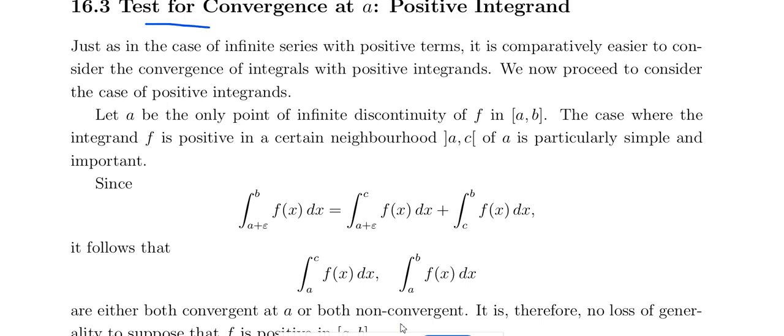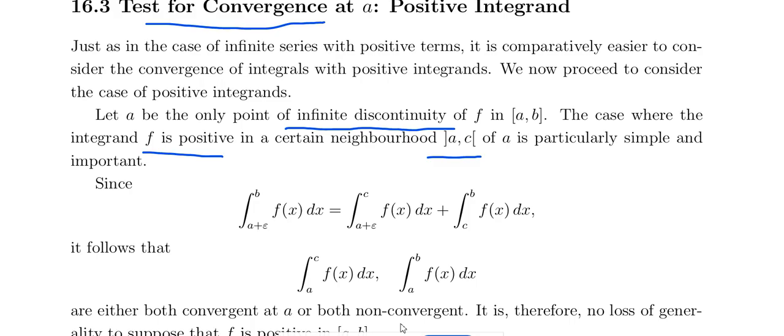Test for the convergence at c. That is a positive integral. Let c be the only point of infinite discontinuity of f in the interval a, b. The case where the integrand f is positive in a certain neighborhood of c is particularly simple and important.